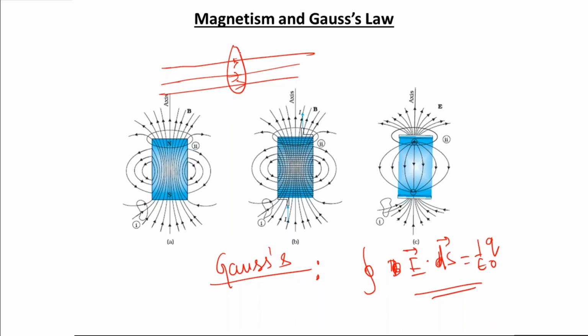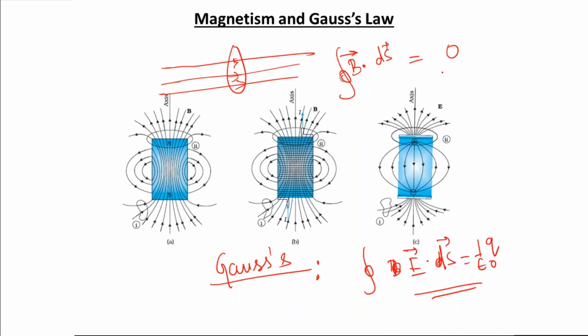The number of field lines penetrating or crossing this particular area is called flux. Mathematically, in magnetism also, magnetic flux can be represented by this closed surface integral. According to Gauss's law for magnetism, this is 0 for any closed surface you take. We will explain why.